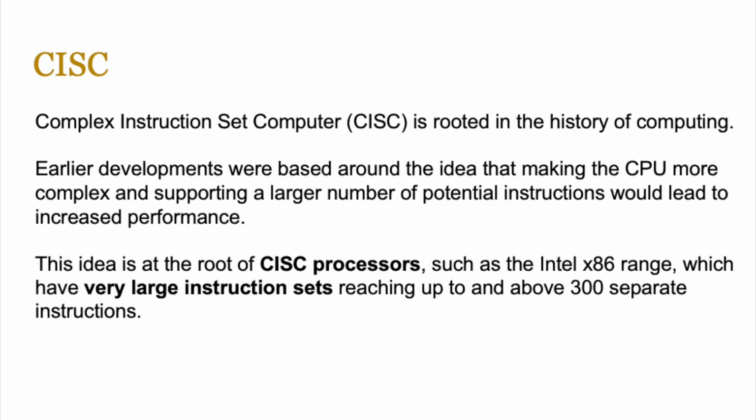Essentially, CISC architecture is based on single complex instructions which need to be converted by the processor into a number of smaller sub-instructions to carry out the required operation. So in order to do that, they have very large instruction sets, and some of those instruction sets are above 300 plus separate instructions, which make the circuitry very, very complex. An Intel i7 or the x86 range is an example of that.